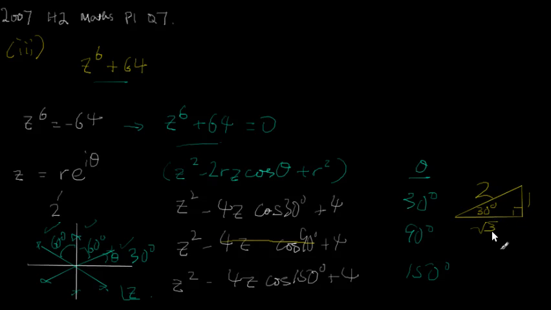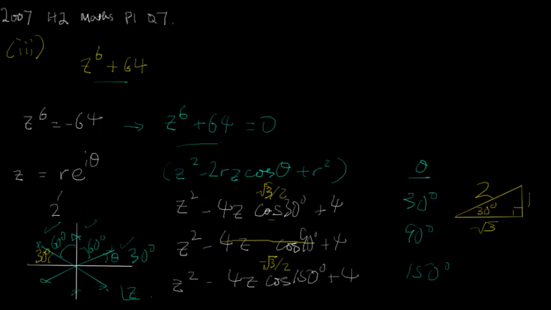So cosine 30 degrees is root 3 over 2. Cosine 150 degrees is on the other side, where this is also 30, so it would be negative, but also root 3 over 2. So this is root 3 over 2 with a minus sign. According to the question, the answer should not be in trigonometric form, in sines and cosines. So that's why we need to write it out in surd form.